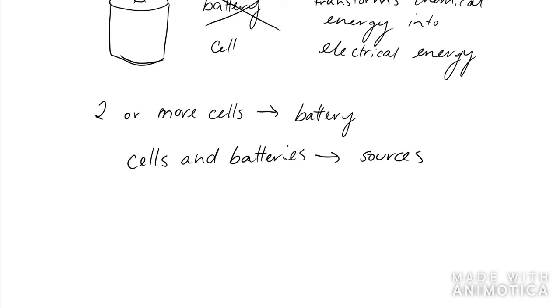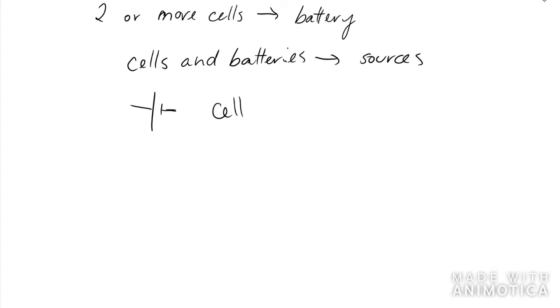We have a whole bunch of symbols that we use for different things. A line and a little line, this is a cell. If we have multiple of these together, this is a battery. A plain line is a wire.